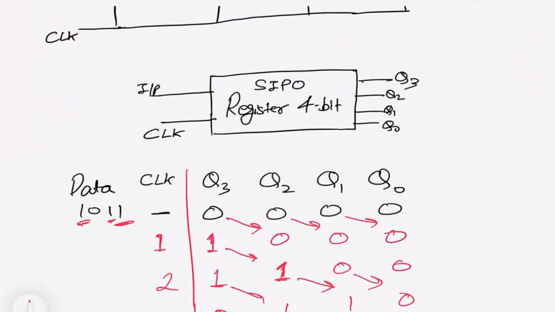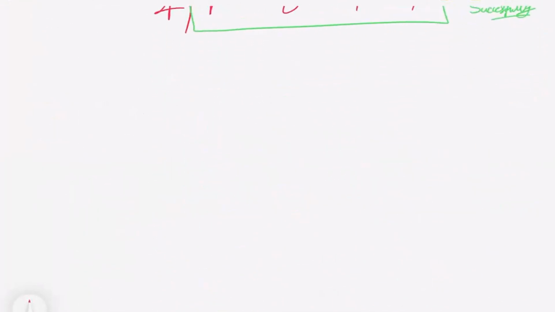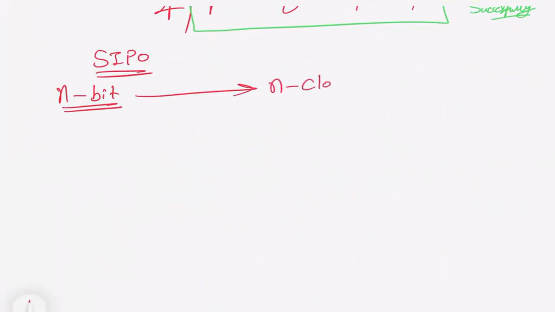Okay, so if we talk in a general way, for SIPO, if you want to store n bits, you need n clock pulses.